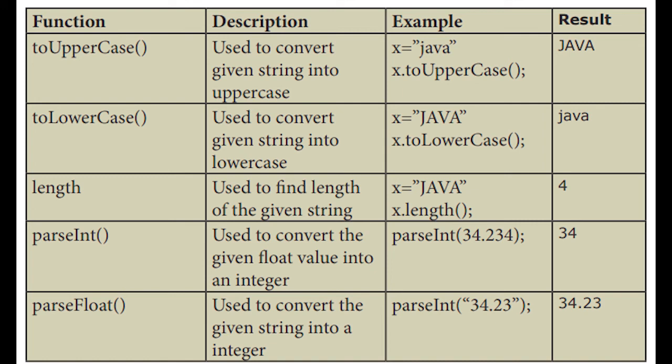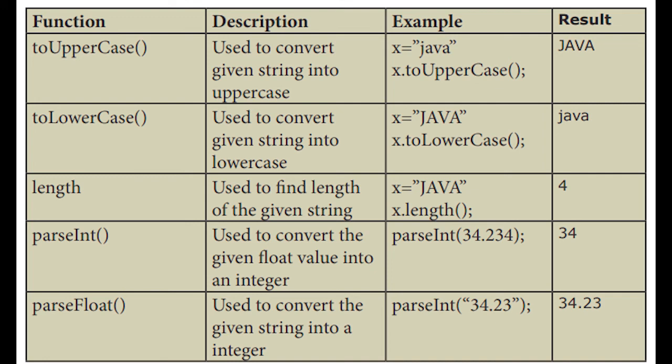Okay, the next one is parseInt. parseInt is used to convert a float value into an integer. Here, if you give parseInt and inside the brackets you give 1.243, it will take the value on the left-hand side of the decimal point and drop what is on the right-hand side.